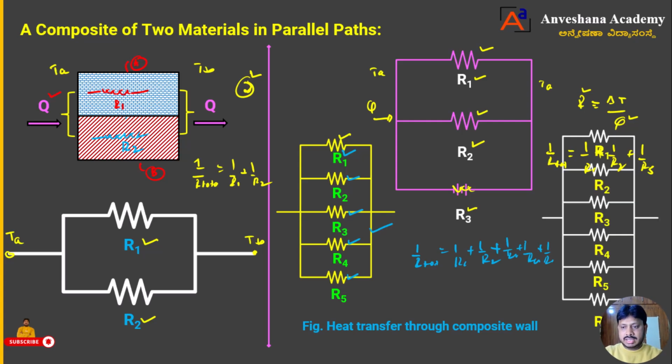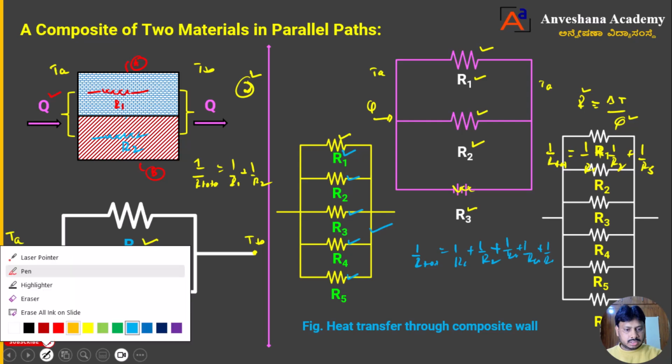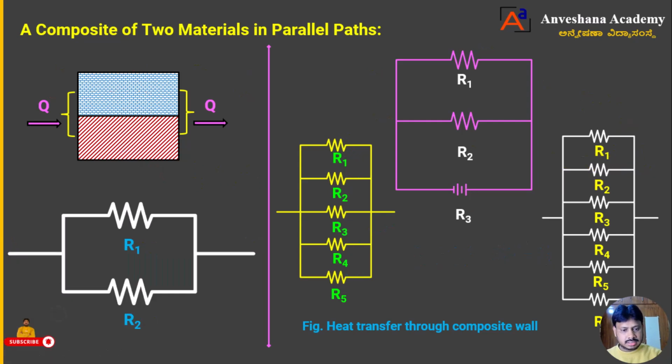Like that, you can write the thermal resistance equation for 6 materials also. The same procedure you need to follow, dear students. This is how to write the thermal resistance equation for different materials arranged parallel to each other. The materials may be n numbers, 2 or 3 or whatever it may be.